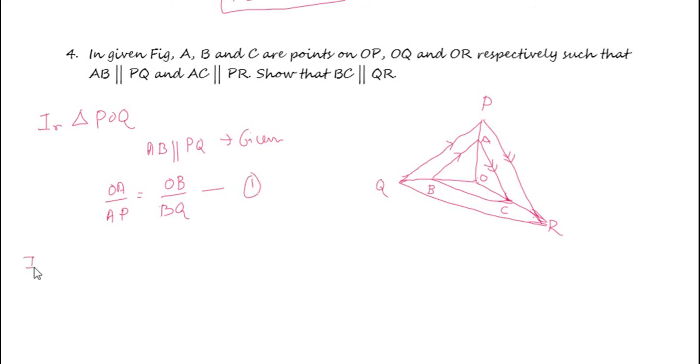In triangle POR, AC is parallel to PR. This is also given. Therefore, OA by AP equal to OC by CR.